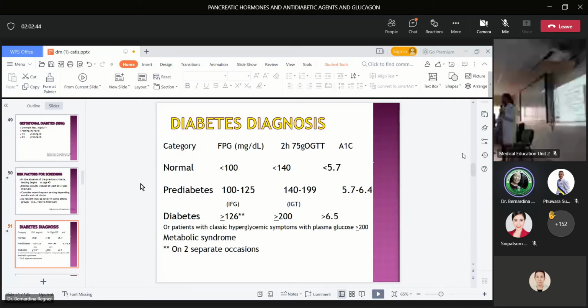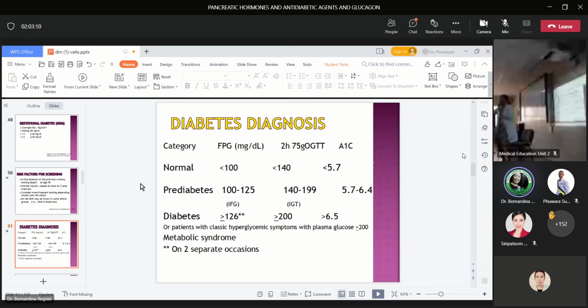Are you getting it? Okay, again, normal fasting blood glucose should be what? Less than 100. 2 hours, 75 grams oral glucose tolerance test, less than 140, then glycosylated hemoglobin should be less than 5.7.